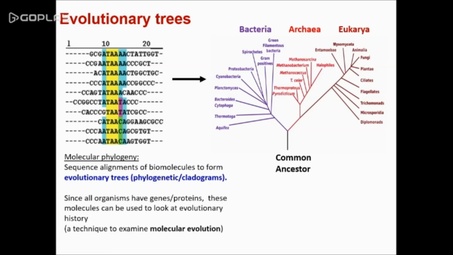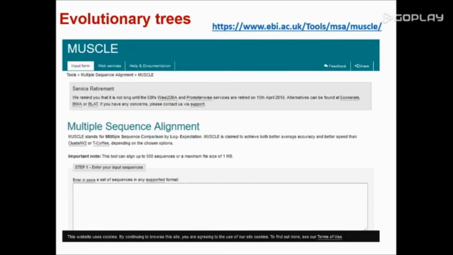For example, if I look within the eukaryote domain, the diplomonads are more closely related to microsporidia as compared to, say, the plants, the fungi, or the animals, since they are much further away than microsporidia is to diplomonads. So there's a website that we can use to perform this alignment and to prepare these evolutionary trees. It is a site called Muscle, and I'm going to show you how that site works now.